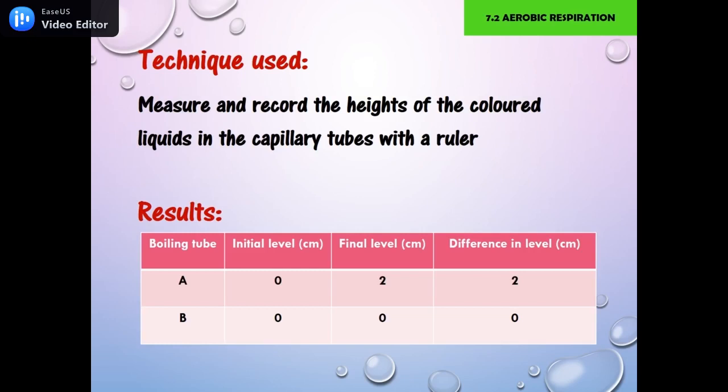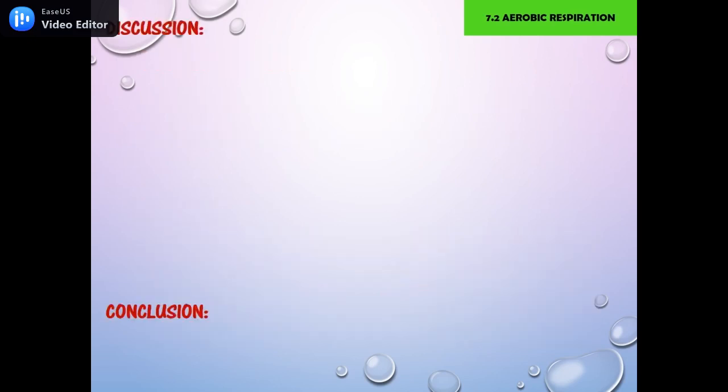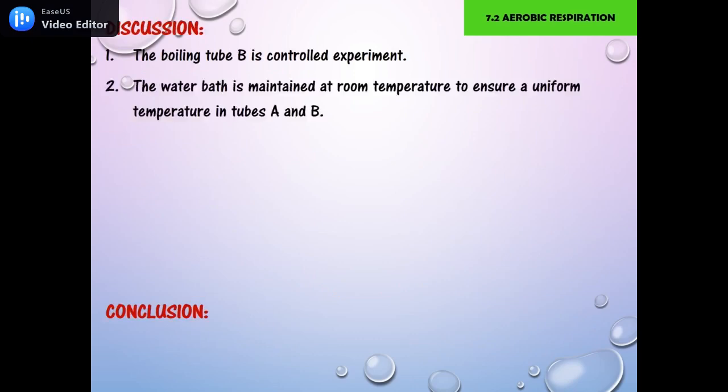Boiling tube B, initial level 0 cm, final level 0 cm, difference in level 0 cm. Discussion. Boiling tube B is the controlled experiment. The water bath is maintained at room temperature to ensure uniform temperature in tubes A and B.